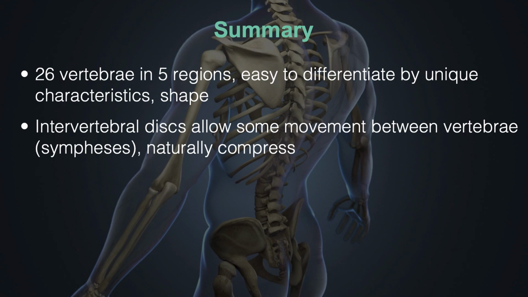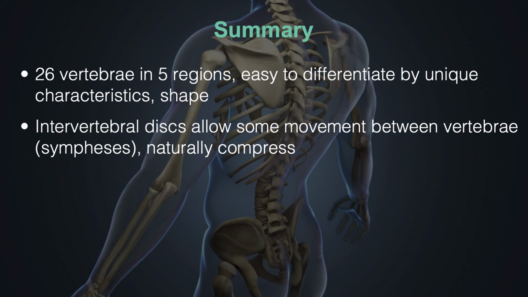Between each pair of vertebrae, we have a very specialized disc made of fibrocartilage. It's flexible. It has a jelly-like center. There's hyaline cartilage surfaces top and bottom to allow it to stay associated with the vertebrae. And we can flex either side, front and back. We can rotate a little bit. The intervertebral discs allow some movement between vertebrae.